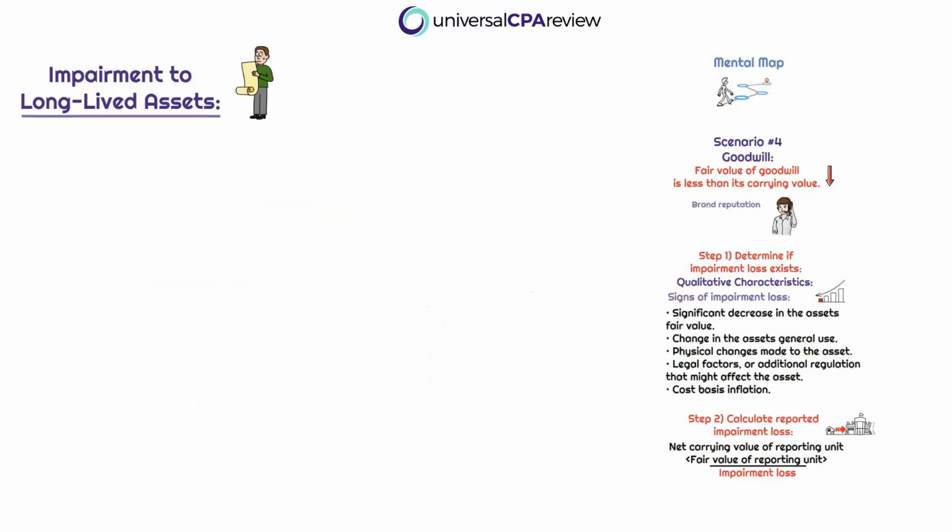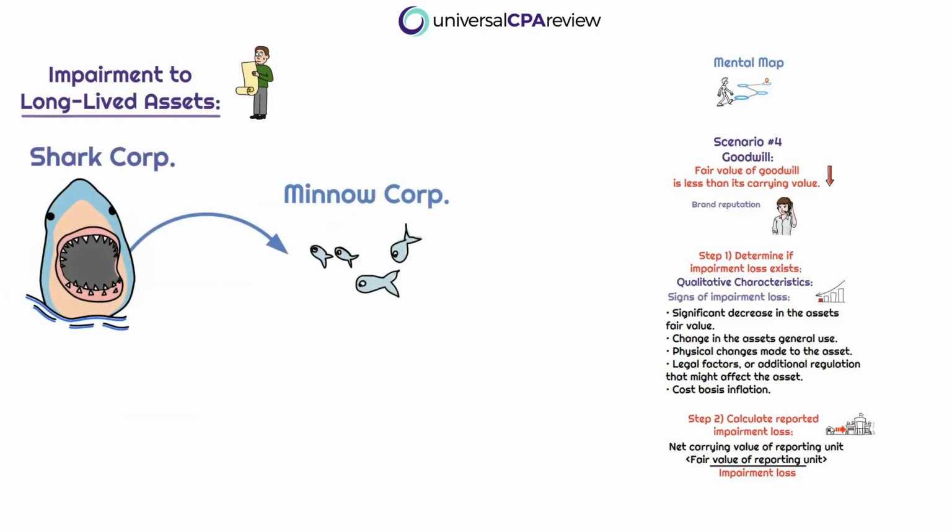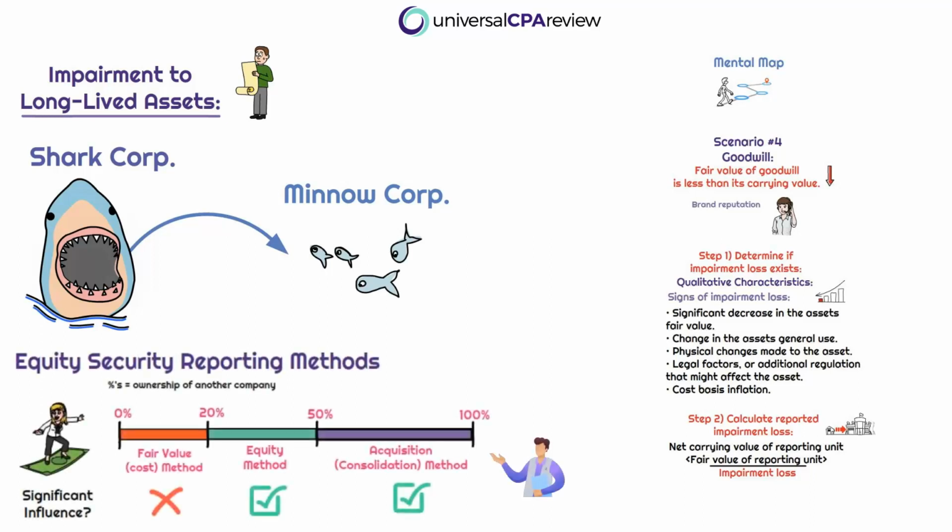All right, so now let's meet a company called Shark Corp, and we're going to assume that they are acquiring a subsidiary called Minnow Corp. What we're ultimately going to learn is that when one company acquires over 50% of another company, they will have this controlling interest, so they're going to be required to consolidate the financial statements at the end of that year.